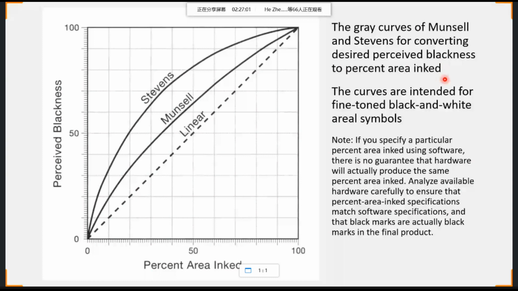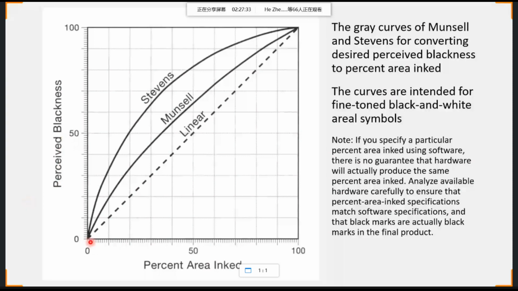So percent area inked means, for example, you have 80% black in a certain area, or 90%, and so on. So these curves are intended for fine-toned black and white aerial symbols. And you see here, this is the percent area inked, and this is about the perception. So this is the perceived blackness.